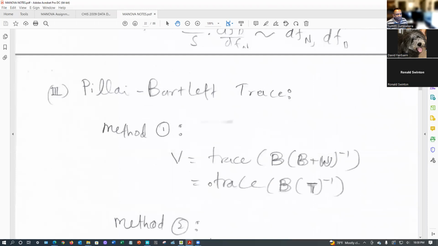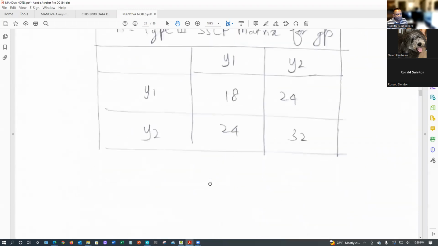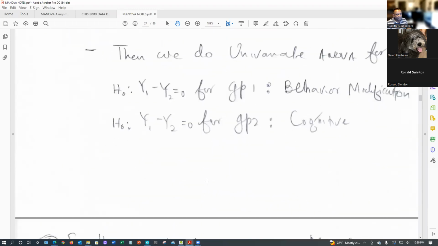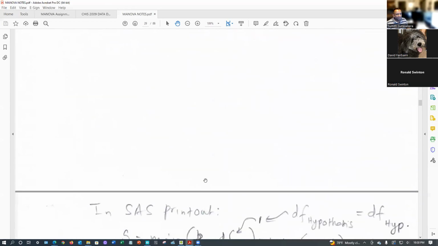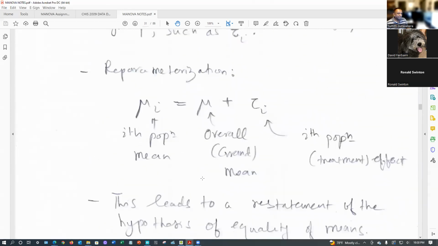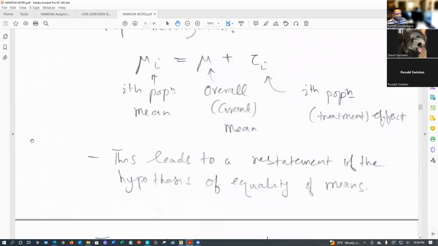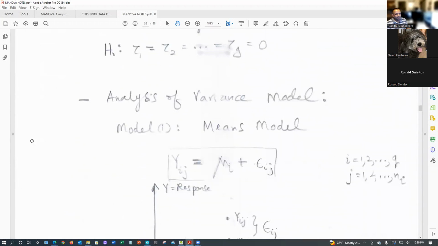Two models we have. Look at the model. See here? This is called the means model.